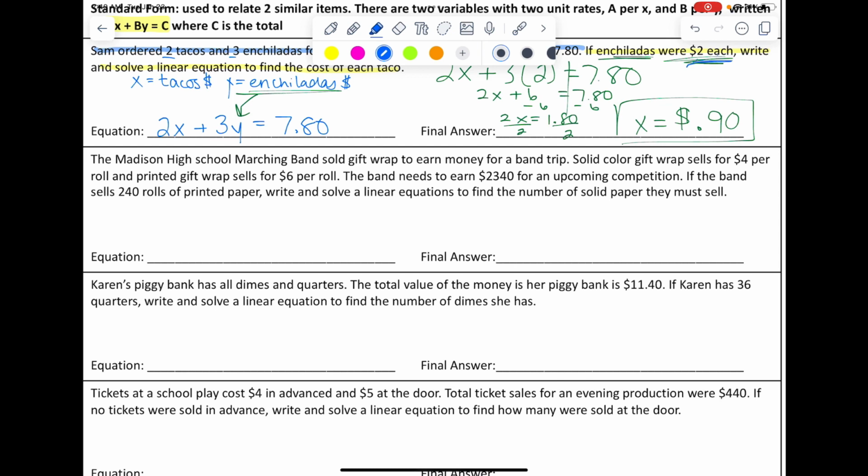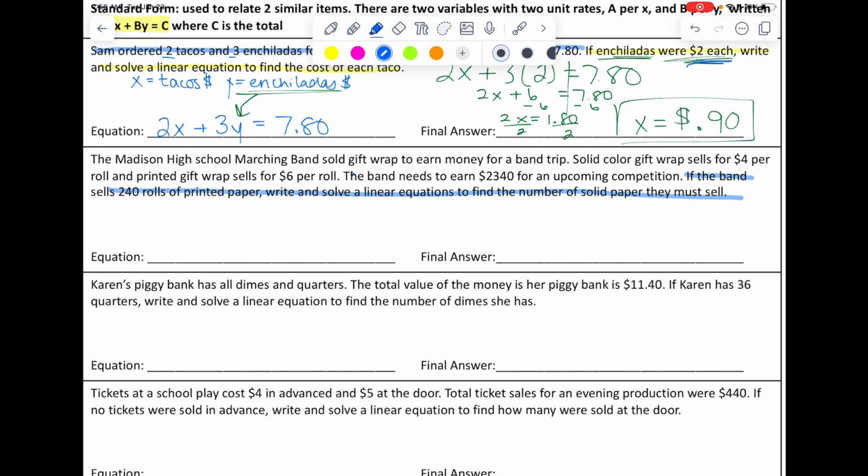So again, this last sentence, if the band sells 240 rolls, we're not going to use that until after we have our equation. How do you know that this is a standard form problem instead of y equals mx plus b? Because we have 2 similar items and they each have their own unit rate. So we have solid gift wrap and printed gift wrap with pictures on it.